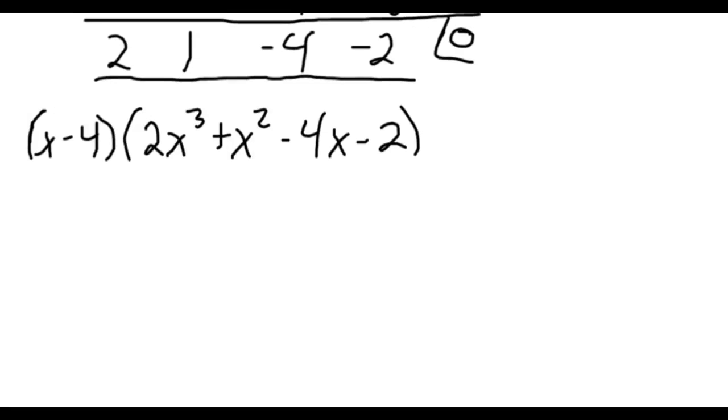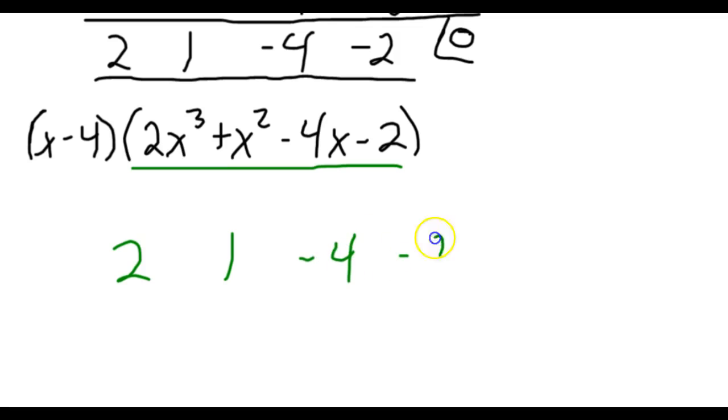So if we go back up here, now we're going to use these coefficients we have left from our polynomial. We have 2, 1, negative 4, and negative 2. The number we want to check is negative 1/2.